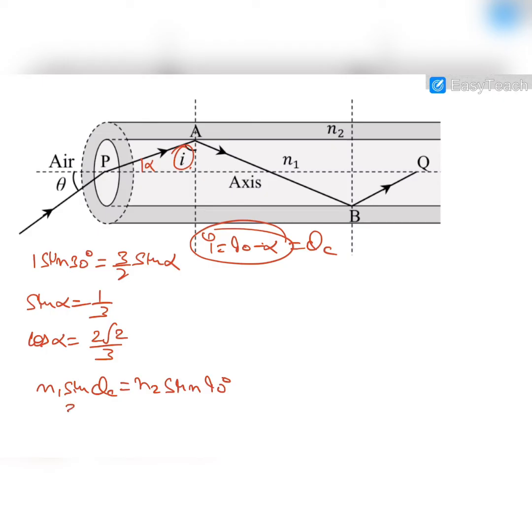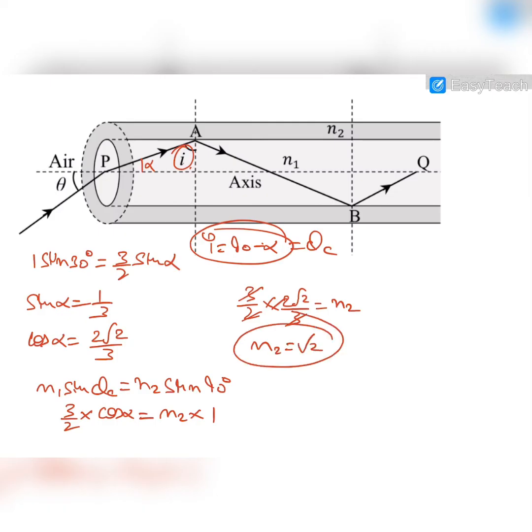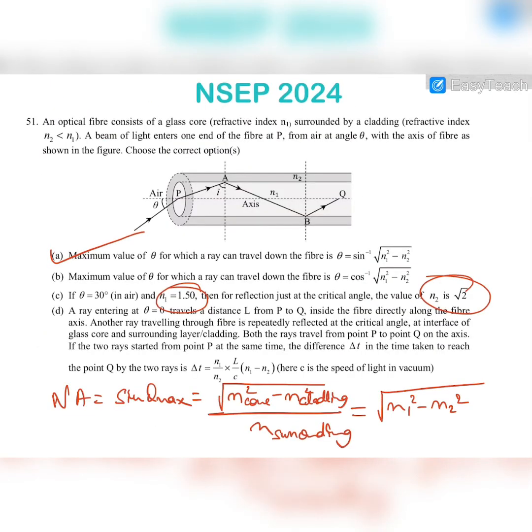So n1 is 3 by 2, sine theta C is sine of 90 minus alpha, which is cos alpha, and we have to find the value of n2, and sine 90 is 1. So this is 3 by 2 into cos alpha, which is 2 root 2 by 3. So the value of n2 should be equal to root 2. So the correct answer will be C also.